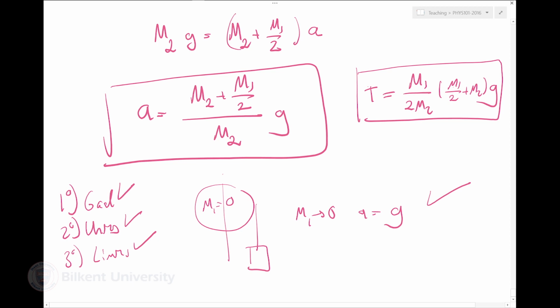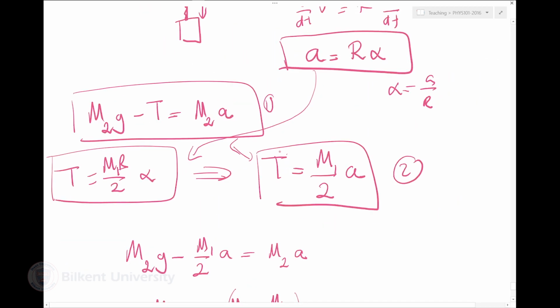Yes, question? Which one? This one? When we found A, I had two equations here. I already found T. I put it into the first equation, okay?